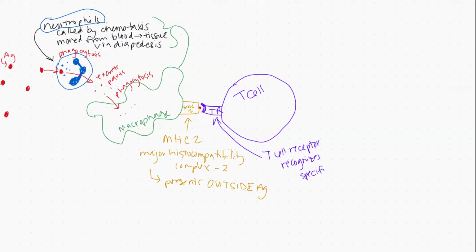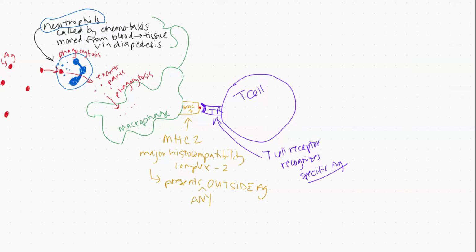And I want to be clear about this too, that this MHC2 can present any outside antigen. It's very non-specific, but this T cell receptor only recognizes this specific antigen.